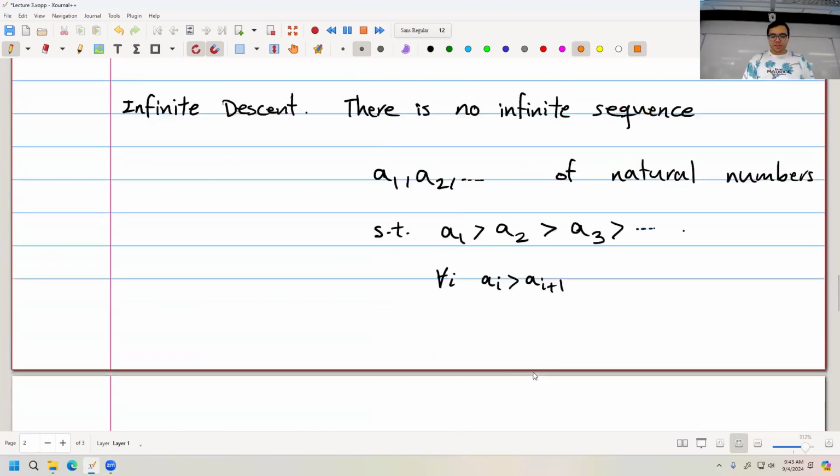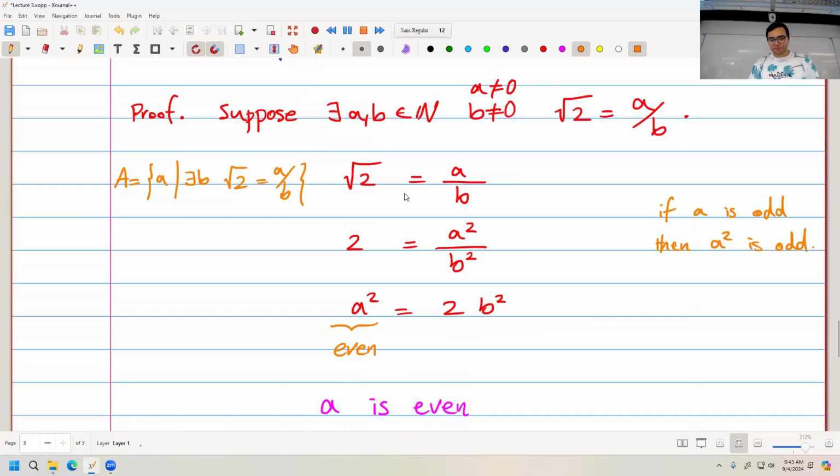In one case, I find a solution and then I find an even smaller solution and keep doing the same thing. And I say, I cannot do this forever. I cannot forever find smaller and smaller solutions. In the other proof, I'm saying, look at the smallest solution in the first place. And if I can find anything that is smaller than that, it's a contradiction.